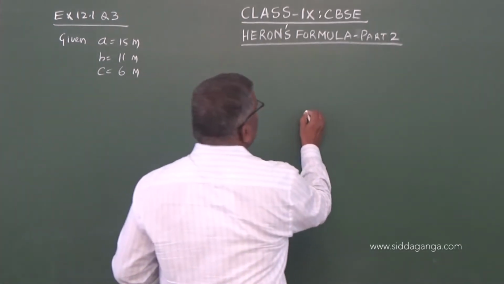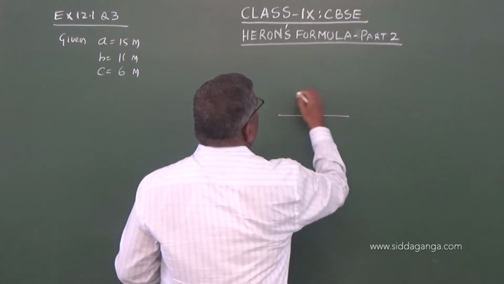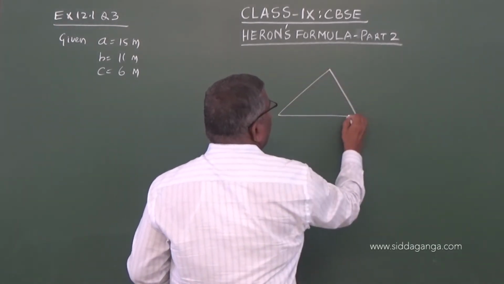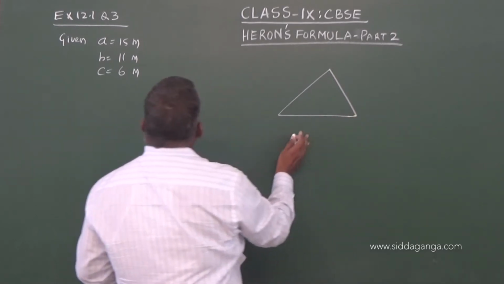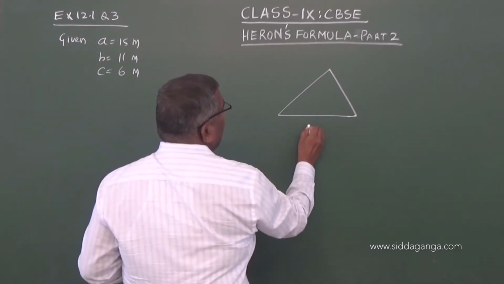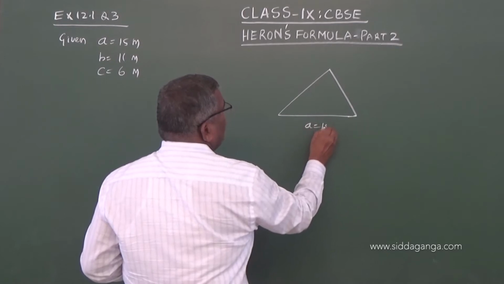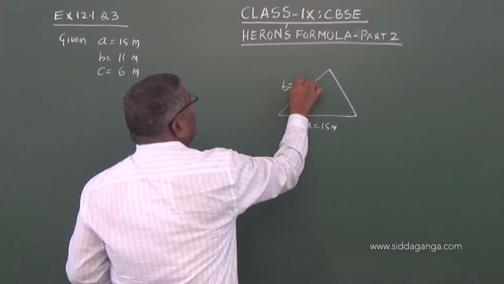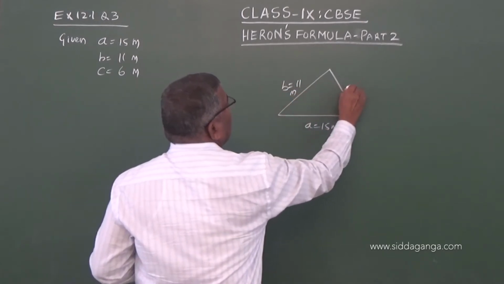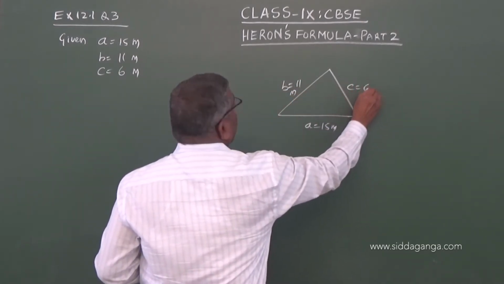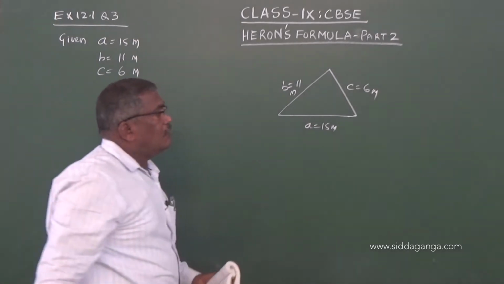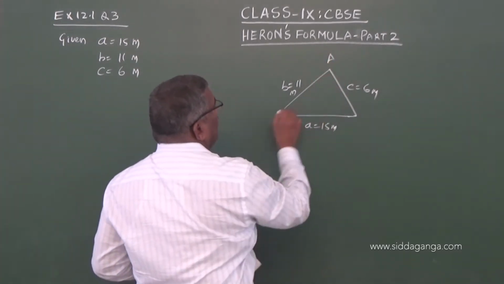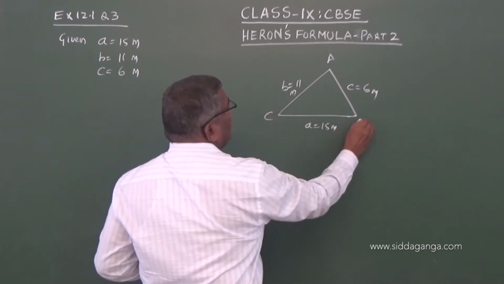Suppose this is the triangle or triangular area. I call this A equals 15 meter, B equals 11 meter and C equals 6 meter. So then I call this as A and this is C and this is B.